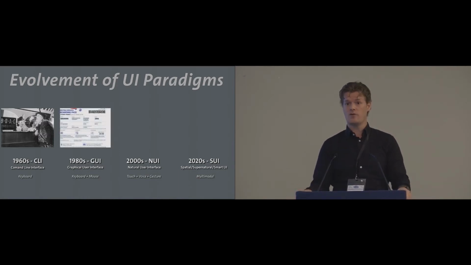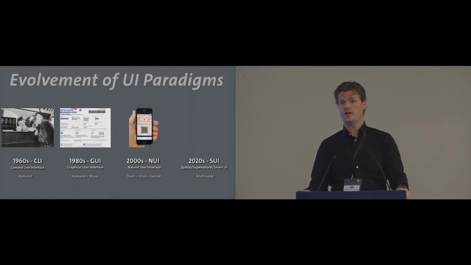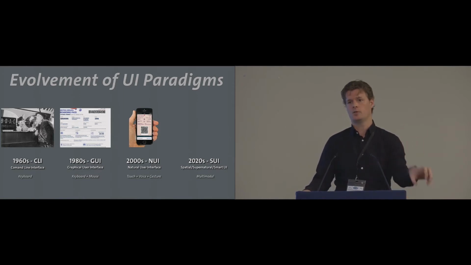Then in the 80s, we had graphical user interfaces, so you were able to print out your own ticket and bring it to the airport, and then you got your boarding pass and were able to get on the airplane. Nowadays, with natural user interfaces, you actually have your boarding pass and your ticket on your mobile phone, and you just go there with your mobile phone, it's going to be scanned, and then you can enter the airplane.